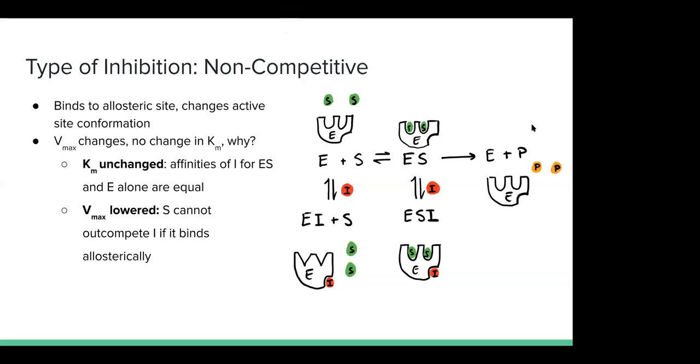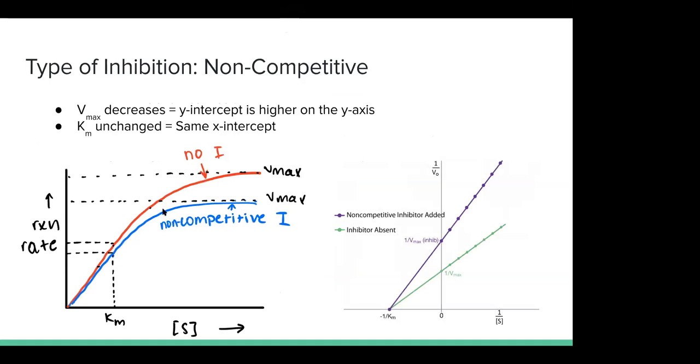Okay, so we can translate that to the Michaelis-Menten plot here. Vmax will be lowered in non-competitive inhibition, but Km will be unchanged. So with the lower Vmax, we have this increased y-intercept that's higher on the y-axis because, again, it's a double reciprocal plot.